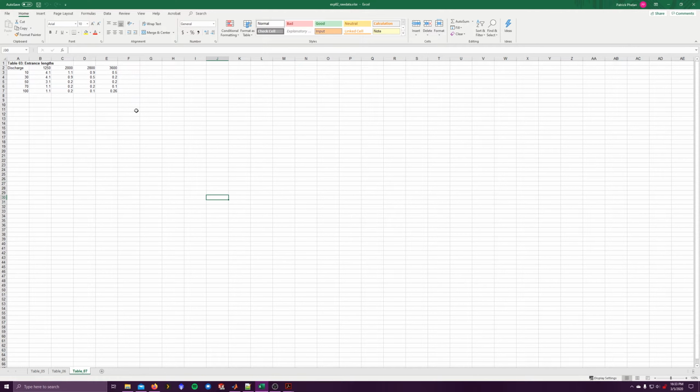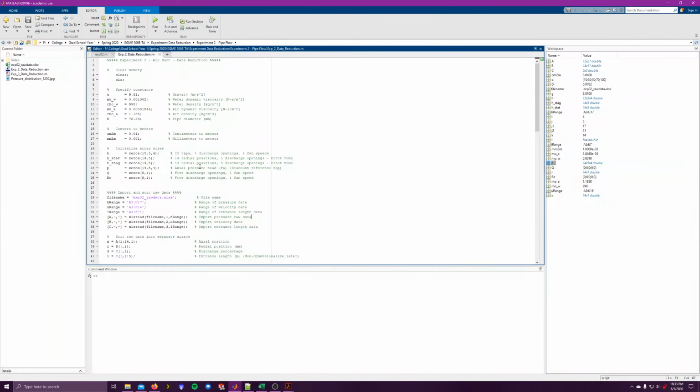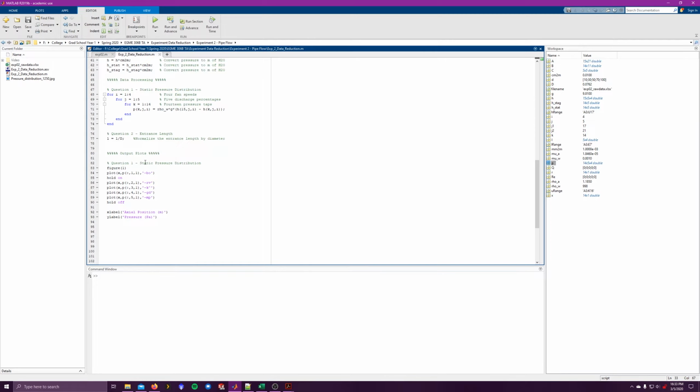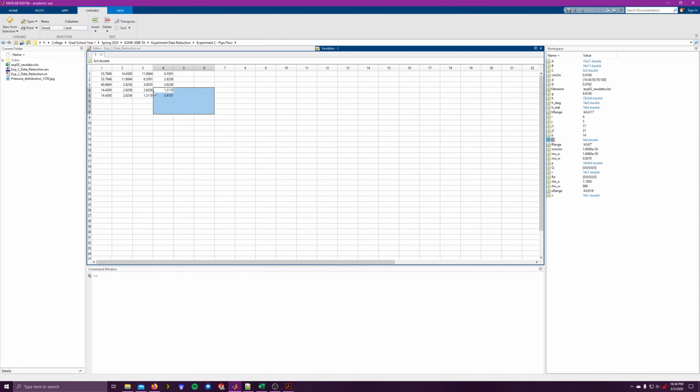That's already in my Excel sheet right here. So that's why I'm leaving it as L, because that's what I imported the data as. So anyways, then you can type in this part for question number 2, and then you can get your dimensionless entrance length, which we have right here.